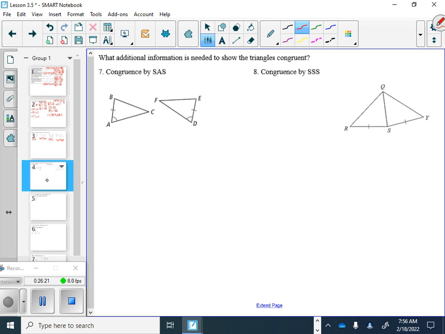Okay, so for these two problems, I'm asked what additional information is needed to show that the triangles are congruent by whatever. For number 7, I'm trying to show that these two triangles are congruent by side angle side. I have a side, I have an angle, I need another side. So I need to figure out what two sides need to be congruent to each other.